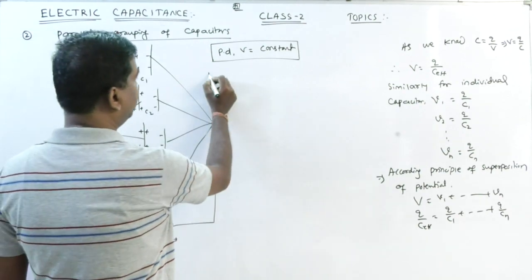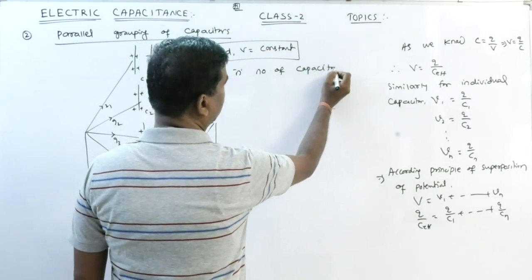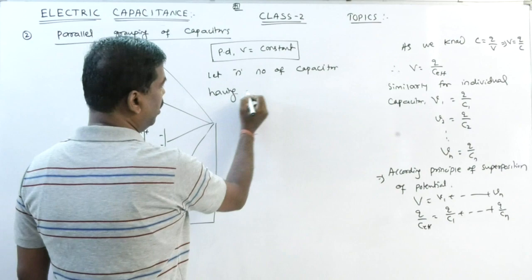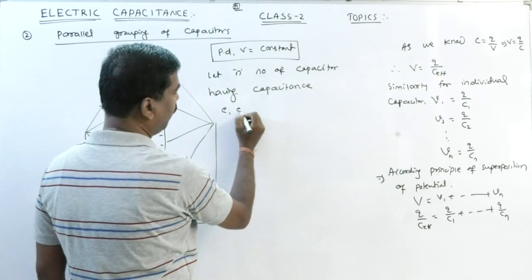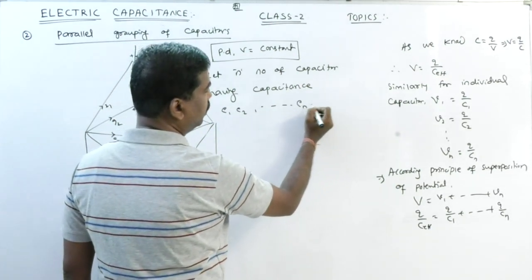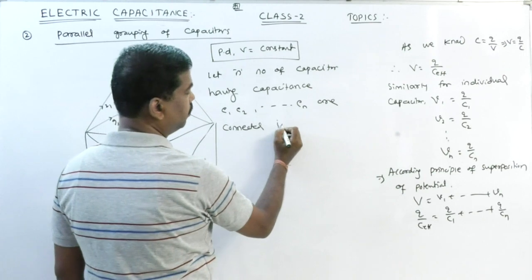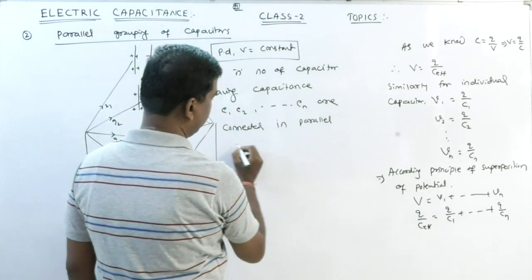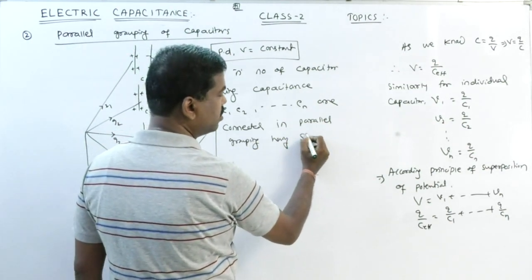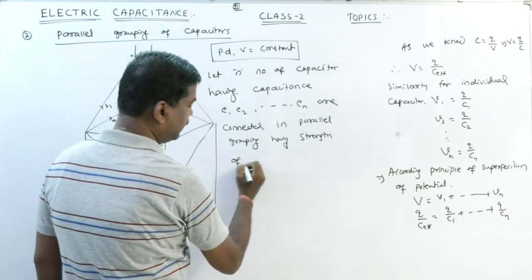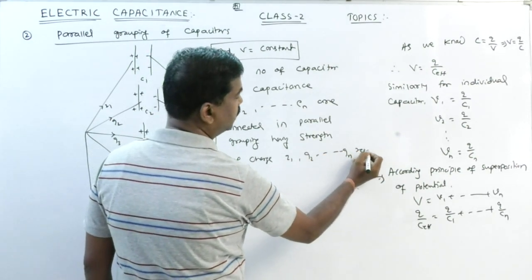Clear? Let n number of capacitors having capacitance C1, C2, ..., Cn be connected in parallel grouping, having charges Q1, Q2, ..., Qn respectively.